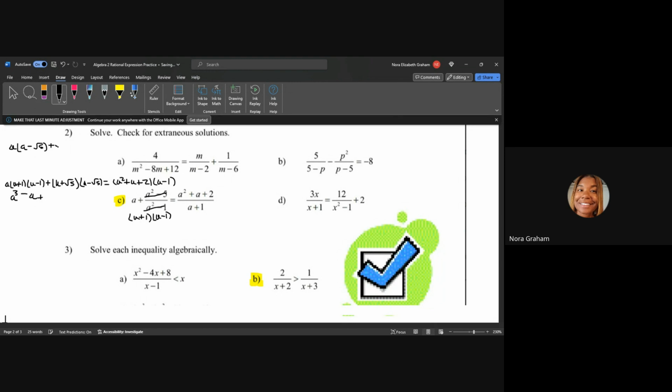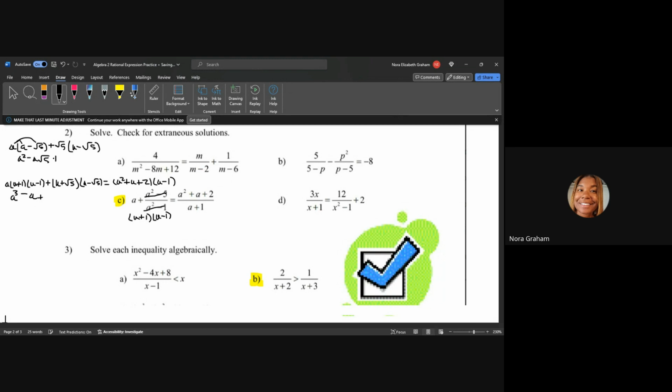Plus square root of 5, and multiply it by all my second one, a minus square root of 5. And then just distribute that through. I get a squared minus a square root of 5, because I'm just distributing, making it hit.